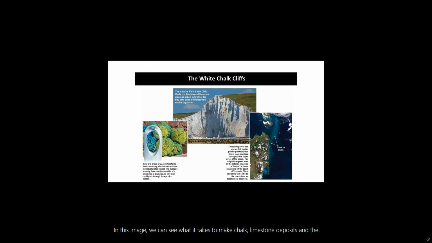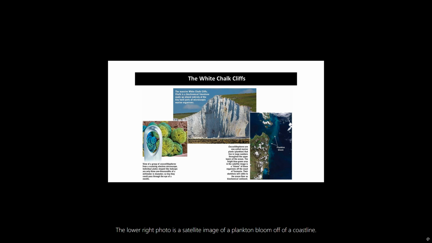In this image, we can see what it takes to make chalk limestone deposits and the end result. The upper center photo is a photo of a massive white chalk cliff. Chalks are biochemical limestones made up of the hard parts of microscopic organisms called tests.